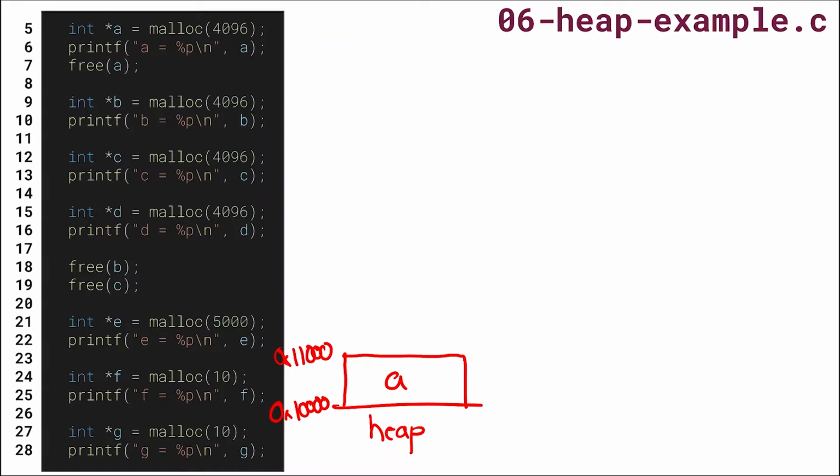And now I'm going to note the fact that I'm going to print out that A is going to be equal to 10,000. So the pointer to A is the pointer to the very beginning of the address space I gave to the variable A. So A has the address 10,000.